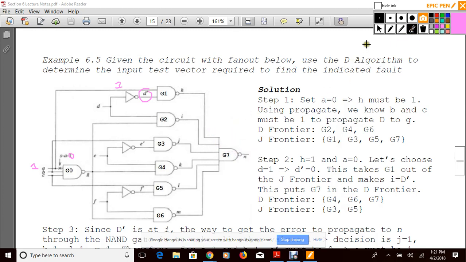So if I have a 1 there, that means I need to ensure that I get a 1 on this output, right? So that would be a contradiction. So therefore, if I have 1 and 1 here, if I put 1 and 1 on the output, it would be a 0. So I need a 0 here, and that becomes a 1, right? So it puts a 1 there.